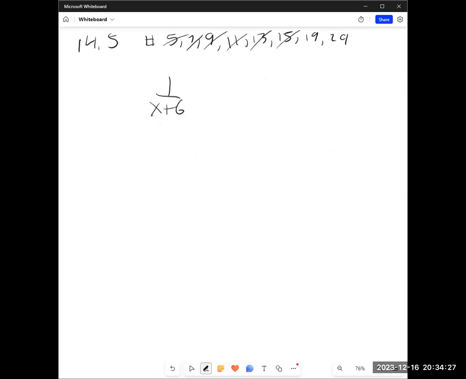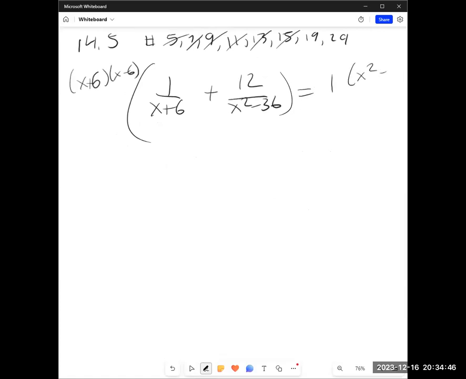1 over x plus 6 plus 12 over x squared minus 36 equals 1. Our LCD is going to be x squared minus 36, which is x plus 6 times x minus 6. Same thing there, so x can't be equal to negative 6 or 6 here.